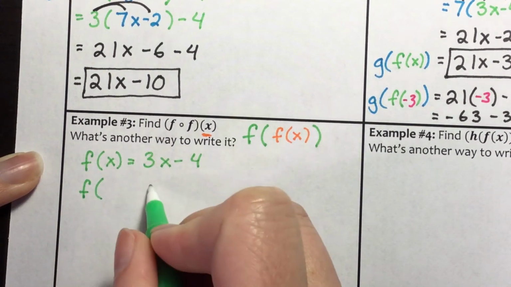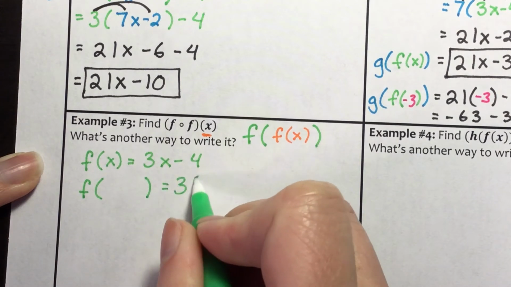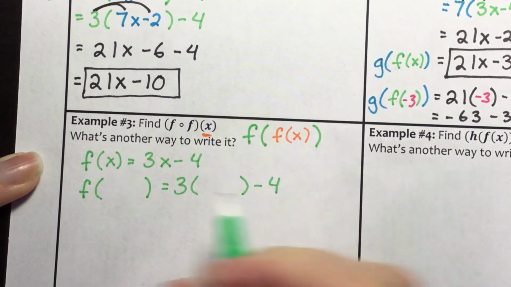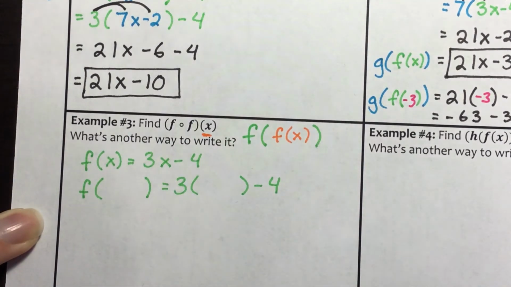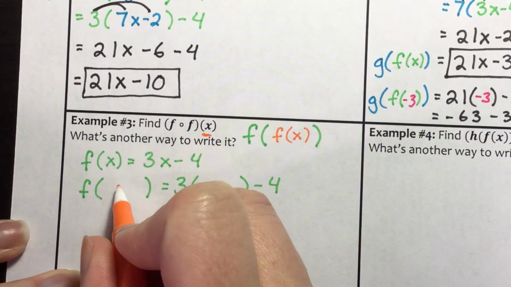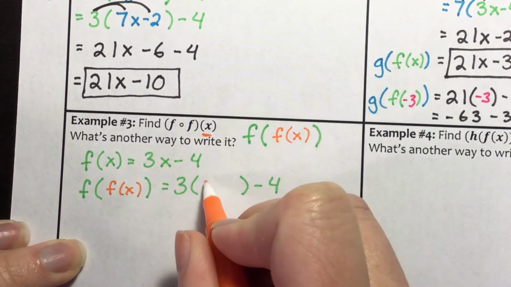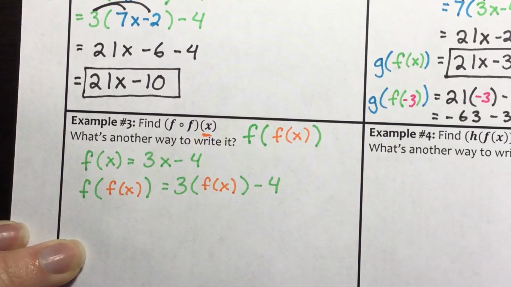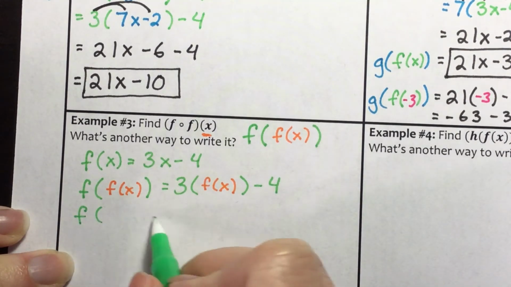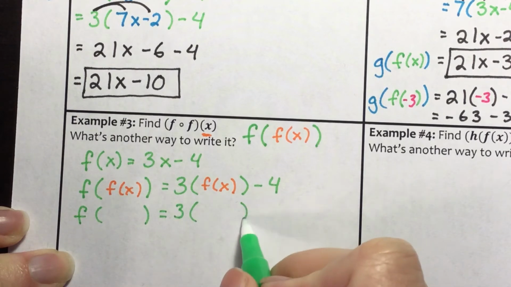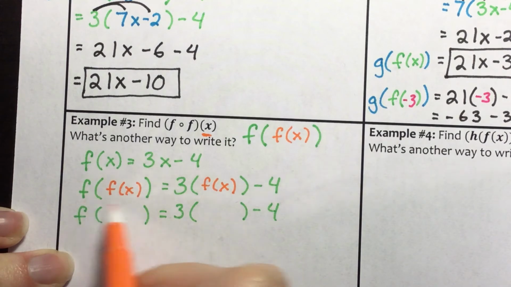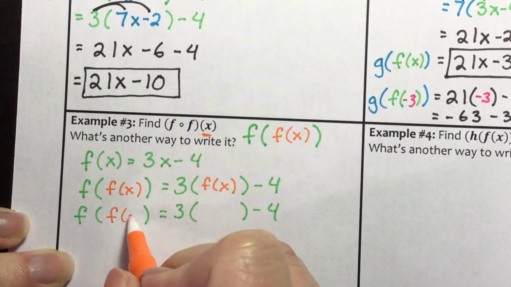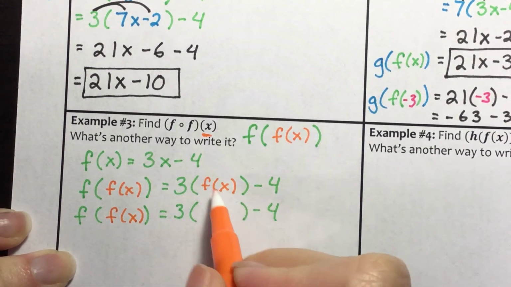So everywhere there was an x, we're plugging in something different. Okay, we are going to be plugging in f of x because that's our inside function. F of x, f of x. Just copy down. Okay, on the left, this part doesn't change. This is still just f of x. But on the right, we don't want it to say f of x.